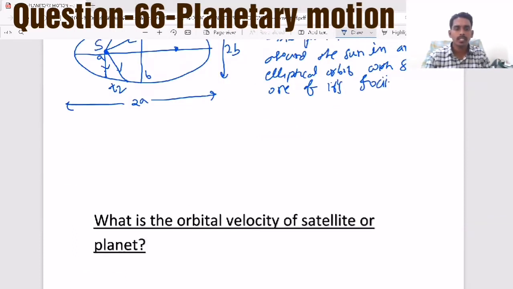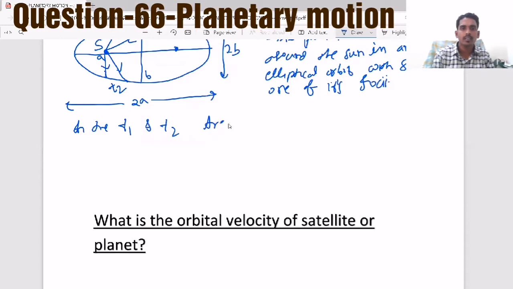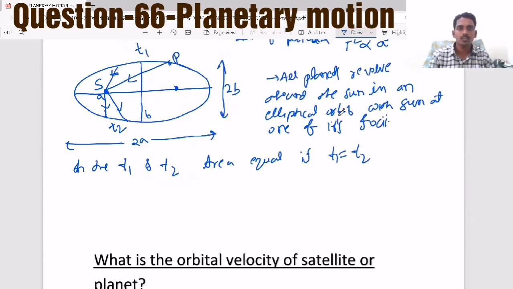Now, the second thing is, when you consider times t1 and t2, the areas are equal if t1 equals t2. So the area swept by the position vector is the same when the time interval is the same.